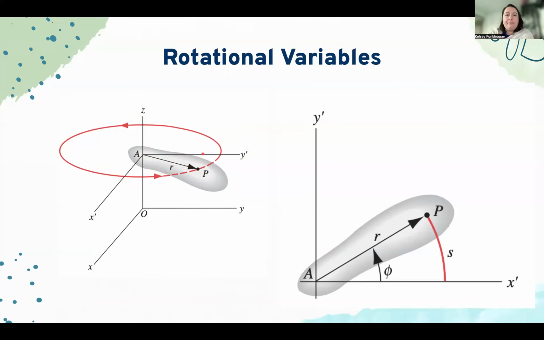It's not moving up and down. So we can also just think of that as motion within this xy plane. And we have phi here to represent the angular position of the object. That's just the angle it's covered from the positive x-axis.